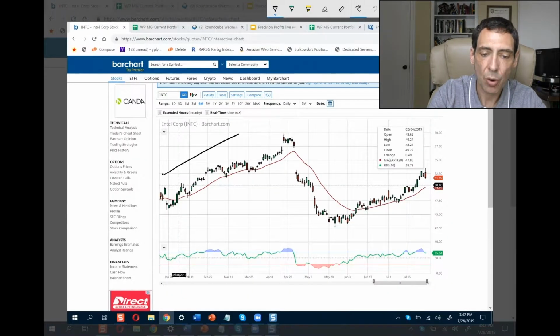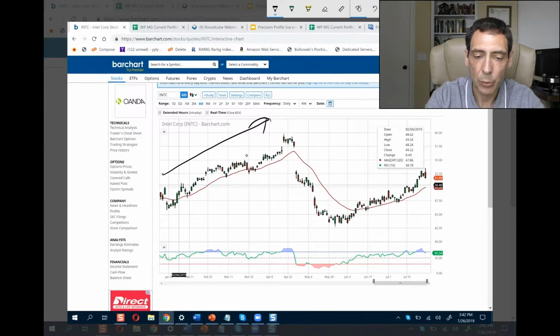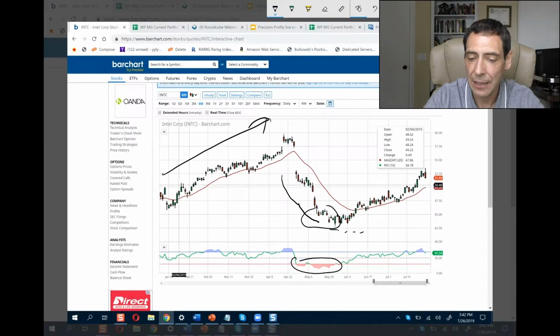We have a strong uptrend. We're trading above the 20-day moving average. We have a gap down. We come down here. We get into the oversold territory right here. You enter. Notice the downside is right here. It's not that much of a downside. And you ride this. You get in right here, and you ride this all the way up to here.